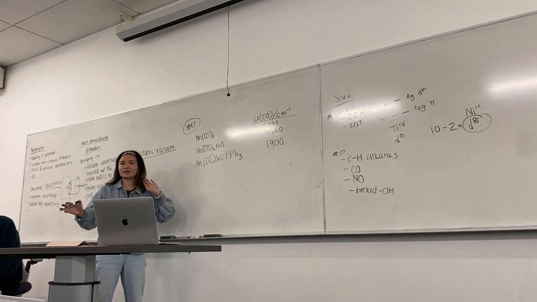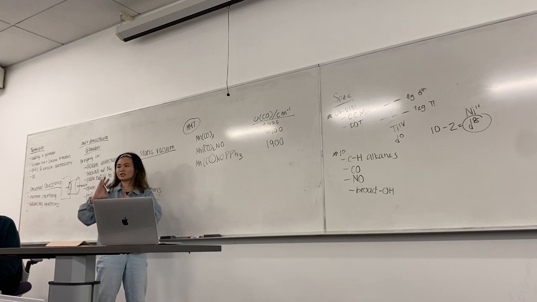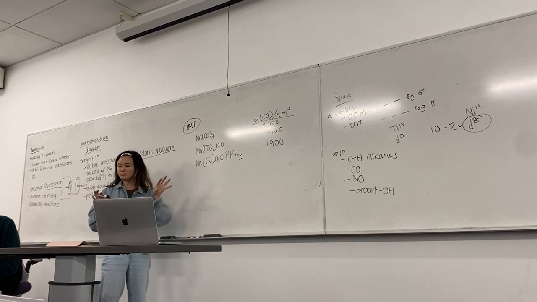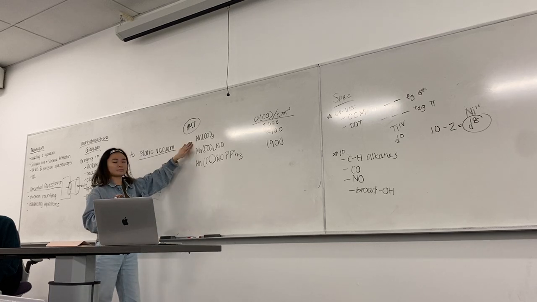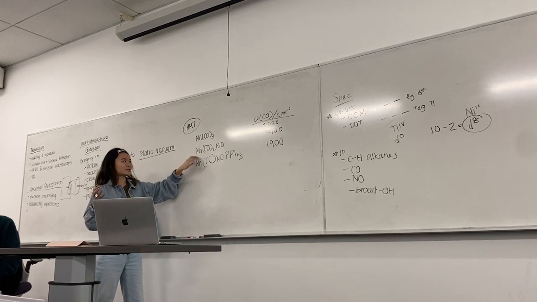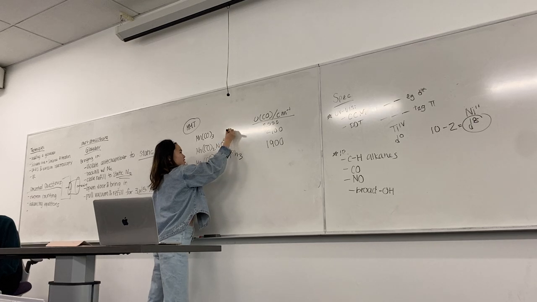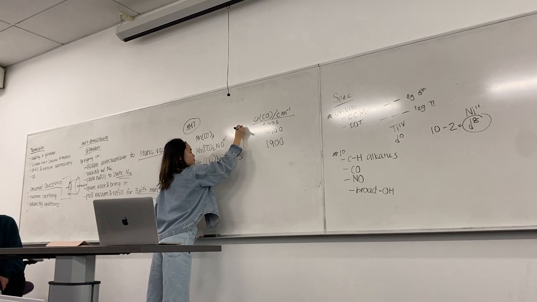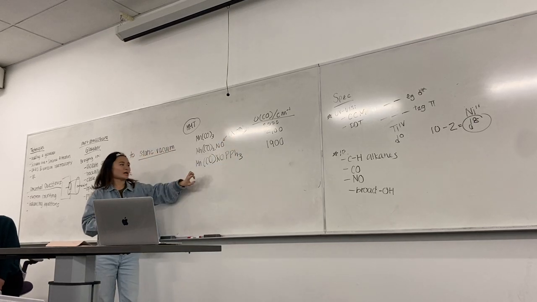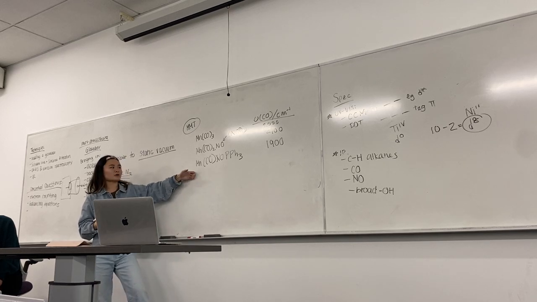The way we interpreted the stretching frequency of the carbonyl is based on what ligands are being substituted. In the first example, we have 3 carbonyls. In the second example, we swap out one of the carbonyls for a nitrosyl, and let's assume the nitrosyl is in its linear form. In the third example, you're swapping out one of the carbonyls for a triphenylphosphine.